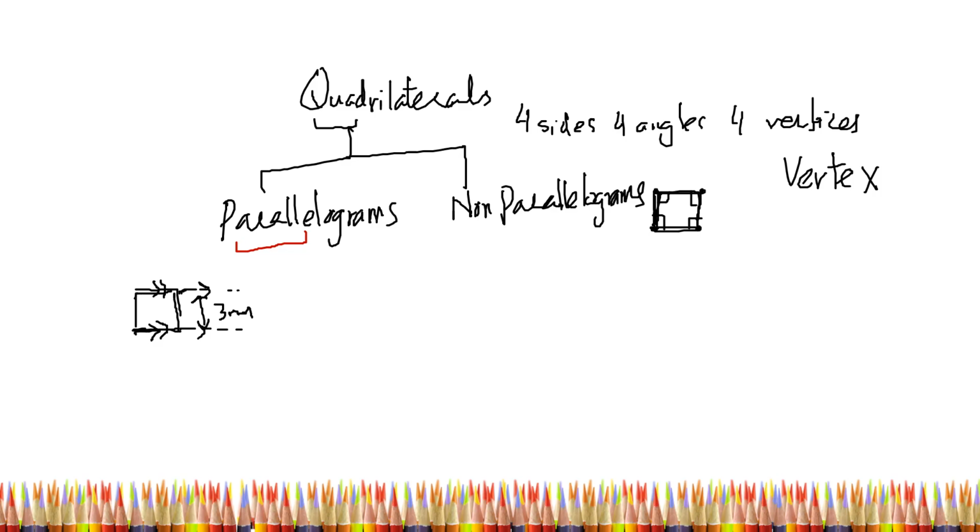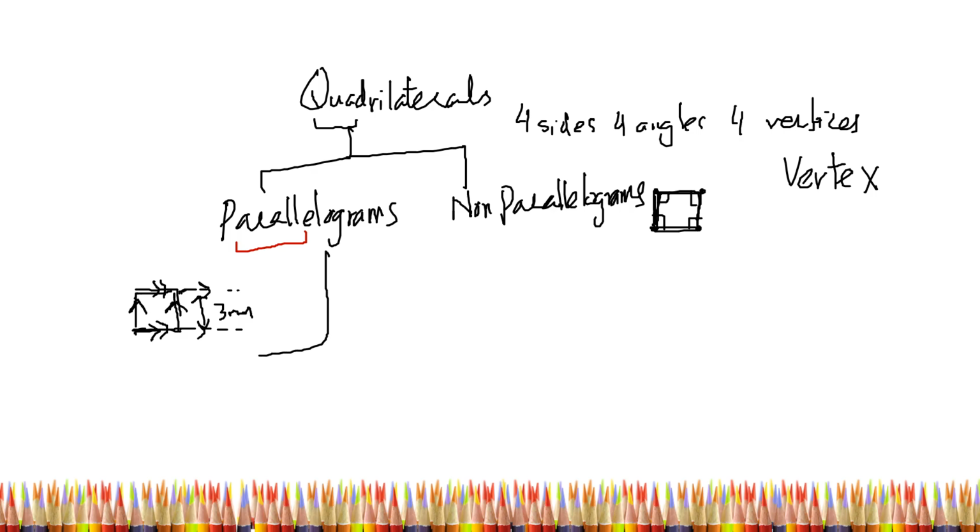And if I talk about non-parallelograms, they are the opposite of parallelograms because they can have one of the sides parallel, not both of the opposite sides. So that means for parallelograms the opposite sides must be parallel, plus there is one more condition, they must be equal in length.